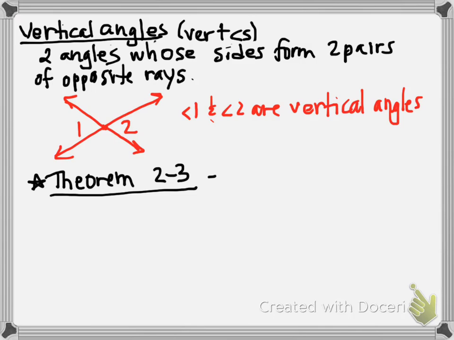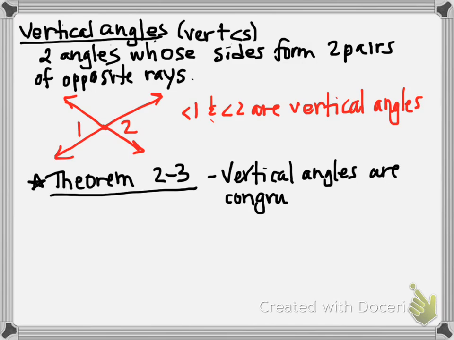And this one simply says vertical angles are congruent. Okay? Vertical angles are congruent. So, I'm going to go ahead and go to the next slide, and we're going to actually do a proof using this theorem.